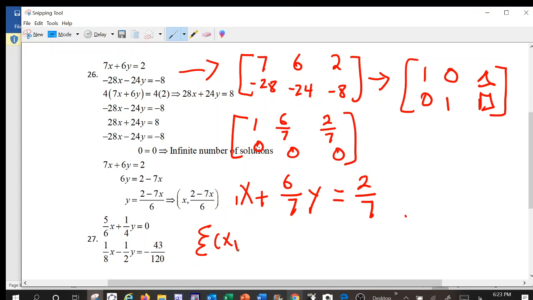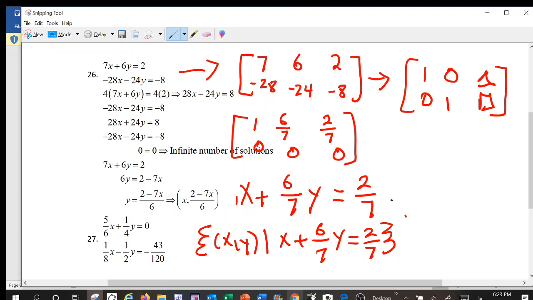Write x and y such that x plus 6 over 7y equals 2 over 7, like that. Okay, so that's one way to do it.